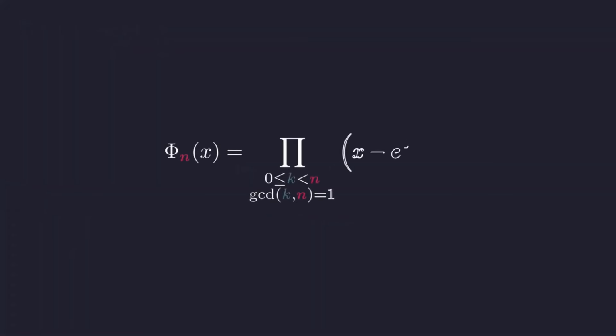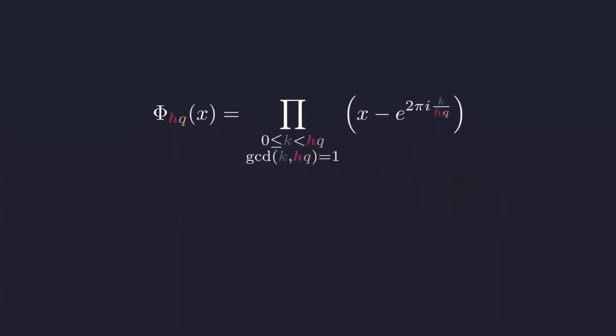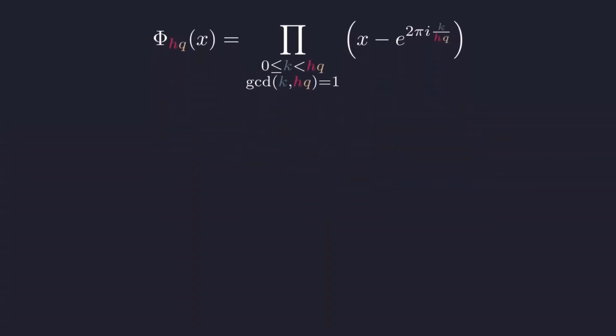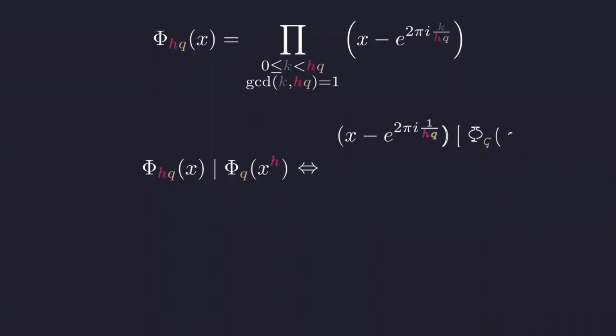Recall the definition of phi sub hq of x from earlier. Since phi sub hq of x factors into a bunch of linear terms, showing that phi sub hq of x divides phi sub q of x to the h is the same as showing that each of these linear terms divides phi sub q of x to the h.